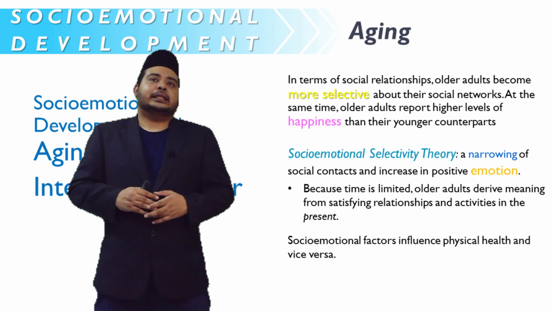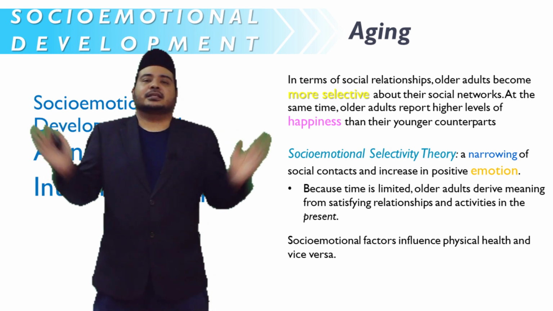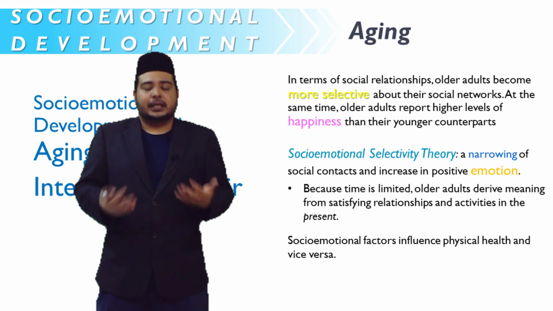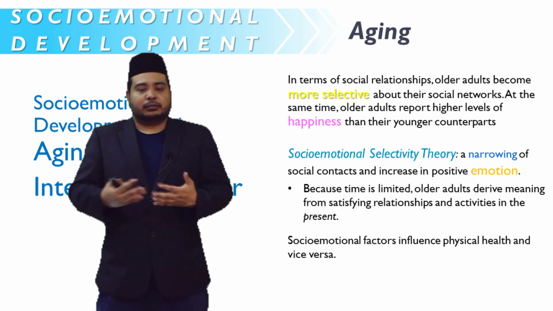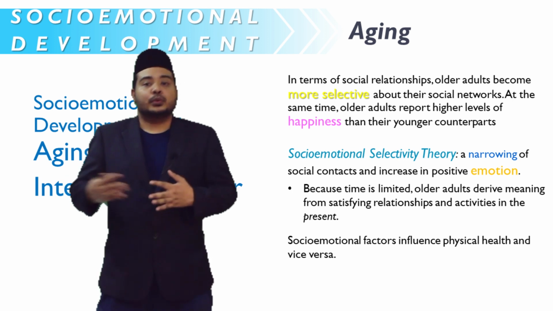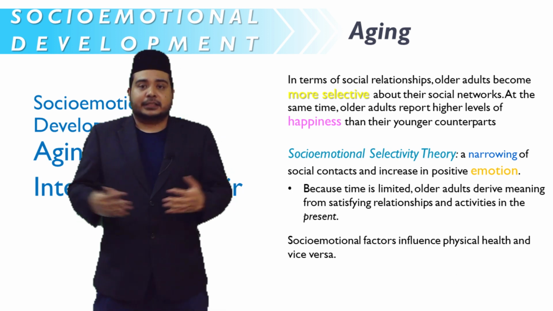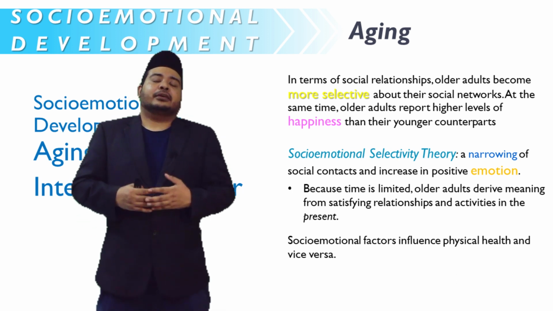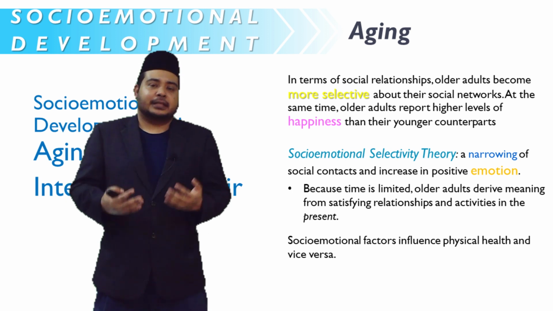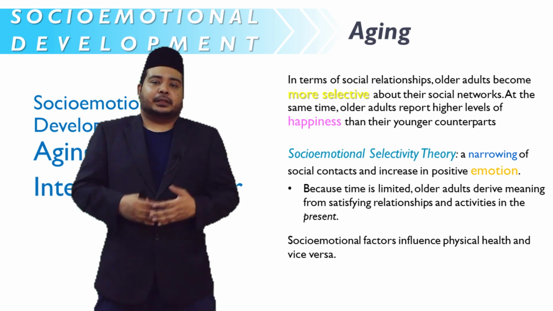They're no longer dealing with everyone in their environments. Instead, they are selective about the people they want to be close with, their friends. Why? Because they value their happiness and time more at that particular stage.